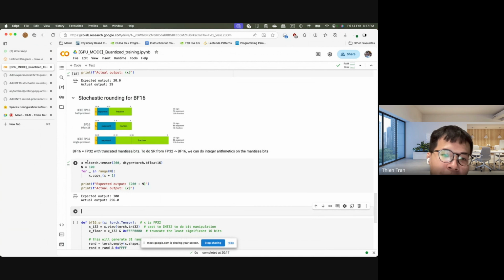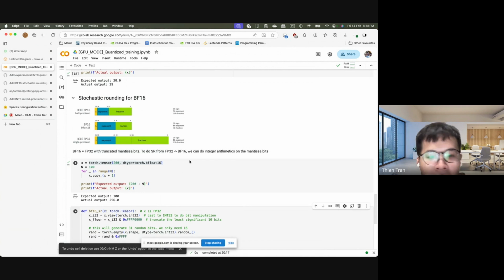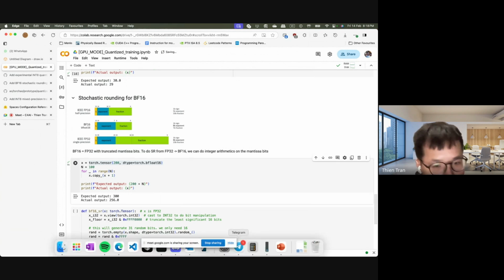If I do 256 plus 1, it will round down, but if I add 2, it will round up. There is a gap in BF16 from 256 to 258. So you actually get the same problem for BF16, and that's why when you're doing full BF16 training, having some stochastic rounding helps a lot.